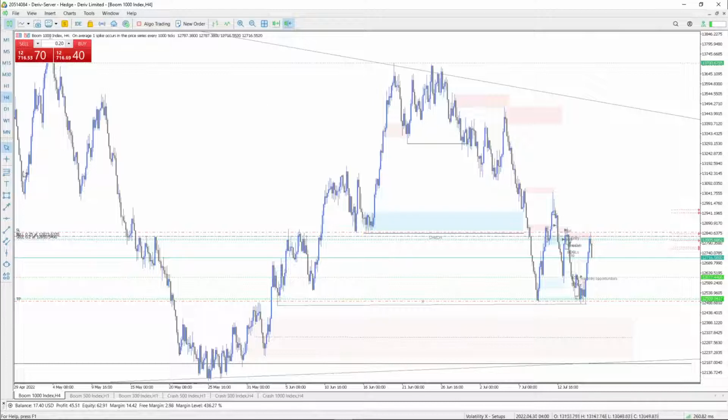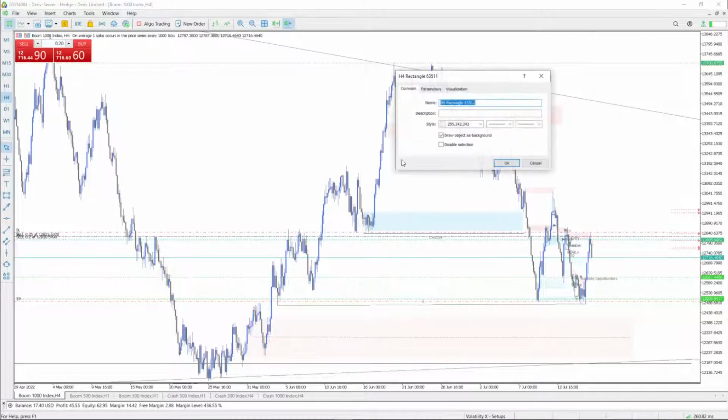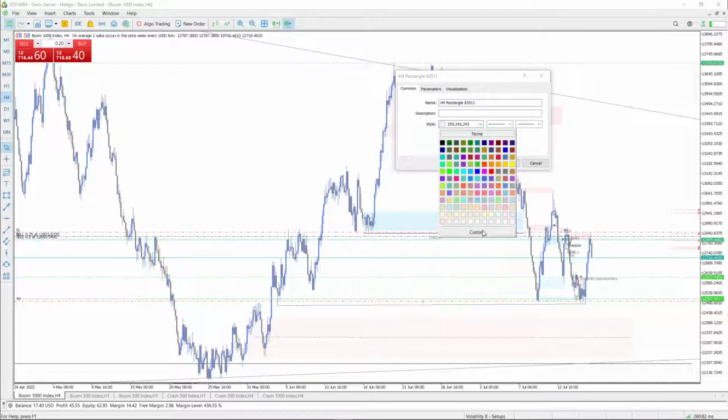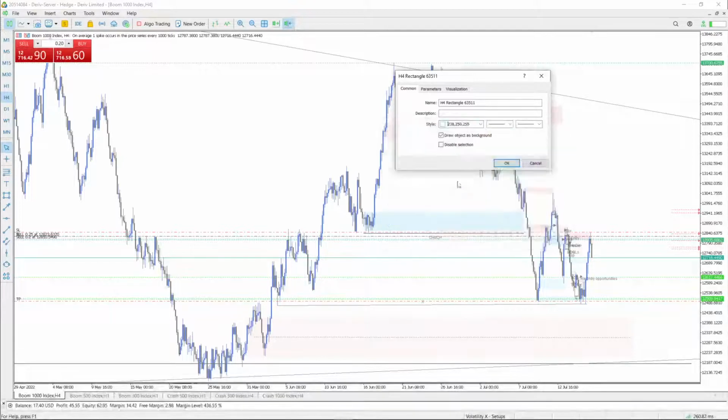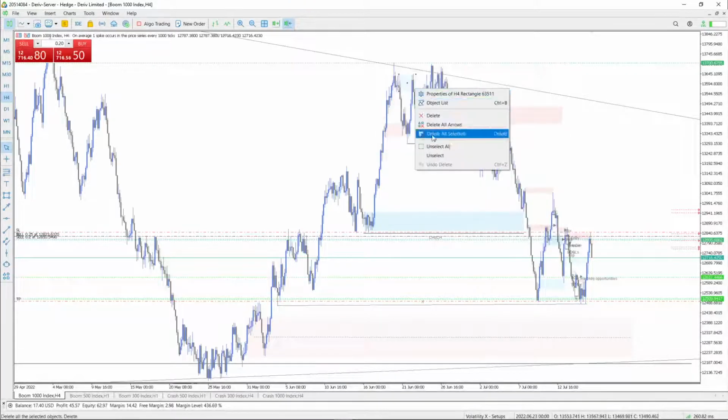And if I was going to sell, I was going to pick this. That should be my supply zone.